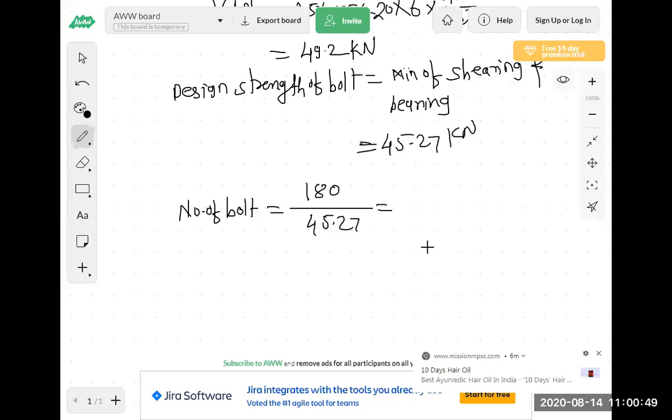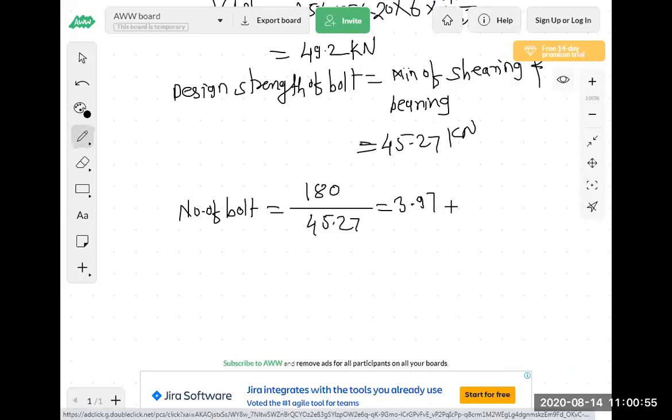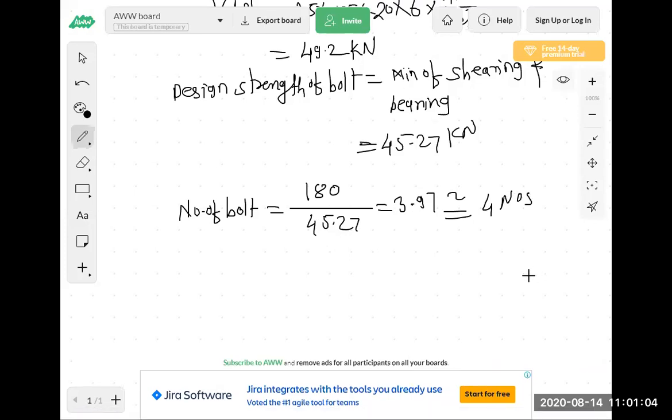How many bolts? 3.97. So 4 bolts are required.